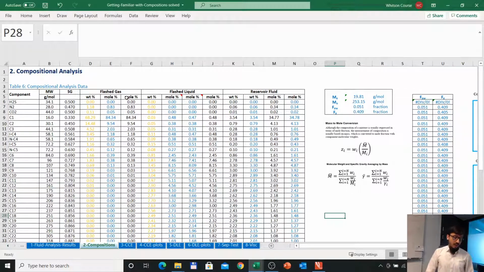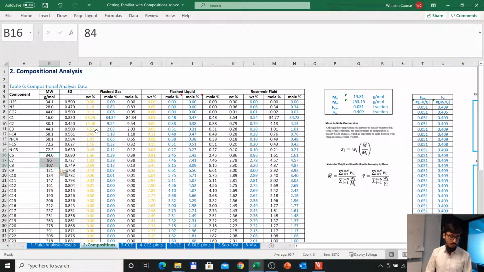So for the flash gas, the calculated molecular weight is generally very accurate, because there is very, very little uncertainty in the molecular weights of the heavier fractions, and generally we assume that the compositions are measured accurately.